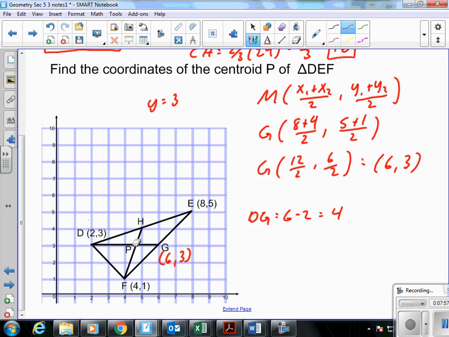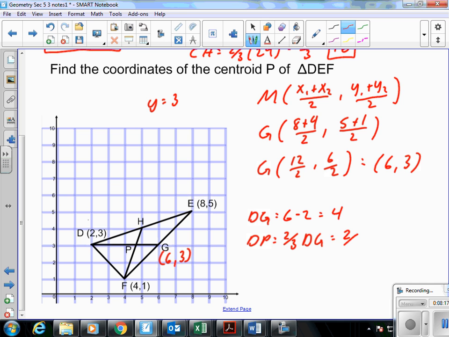We're trying to find the coordinates of P. So we know that from this point D to P is 2/3 of the total length of DG, or DP equals 2/3 of DG. And we know what the length of DG is, it's 4.